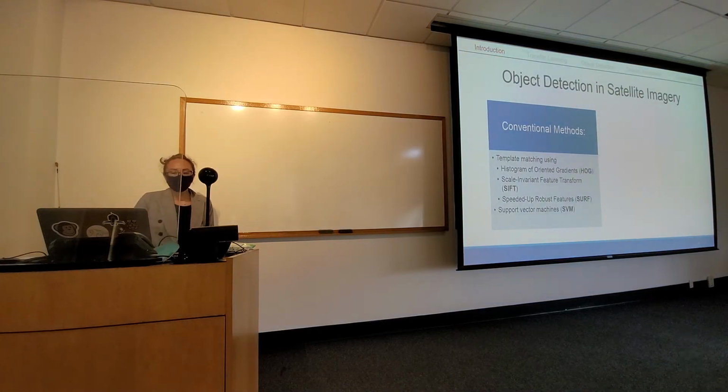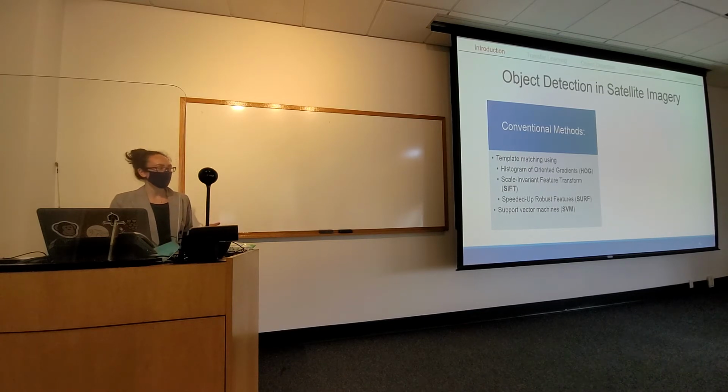Some of the conventional methods that have been used both in computer vision and in satellite imagery are methods that rely on feature engineering. Whether you're looking at gradients or other kinds of features, there's a lot of work that has to be done before you can even run the object detection algorithm to decide how best to identify an iceberg or how best to identify a ship.